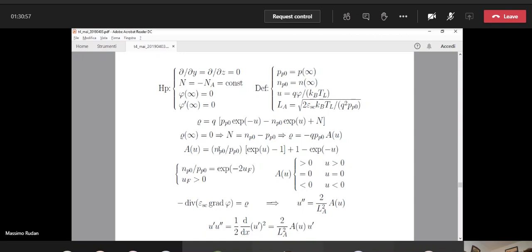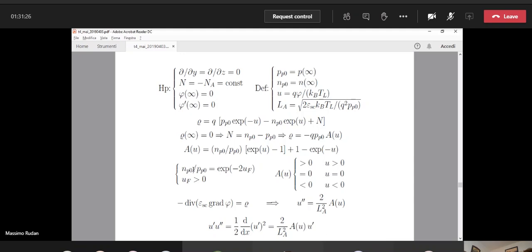Also, we notice that the coefficient NP0 over PP0 is very small, okay? If you replace NP0 with ni squared over Na, this ratio NP0 over PP0 can also be written as ni over Na squared.